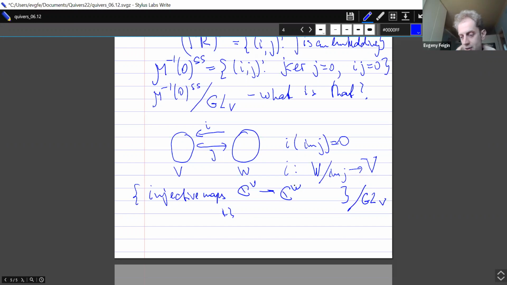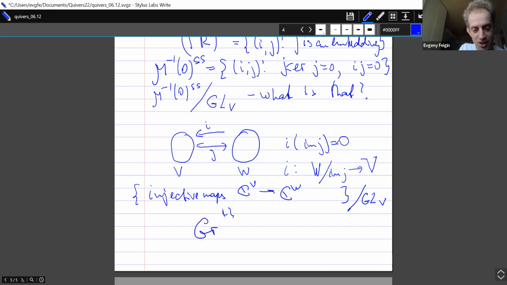Okay. So Andrei, can you tell us what that is? It's just subspaces of dimension equal to the dimension of V in CW. Yeah, so how is this variety called? Grassmannian. Right. Yes.